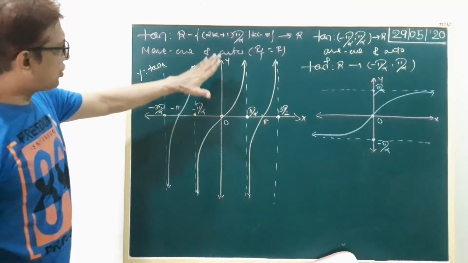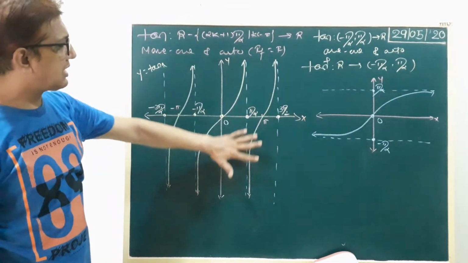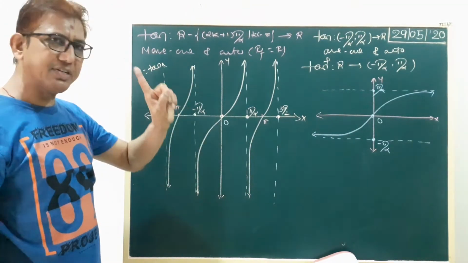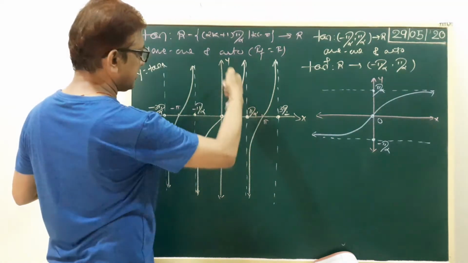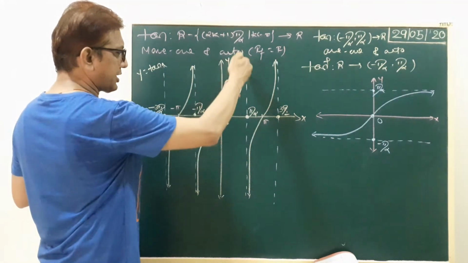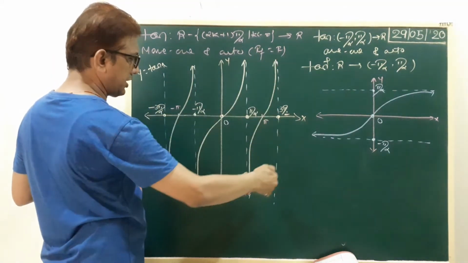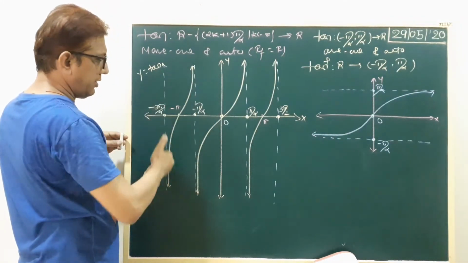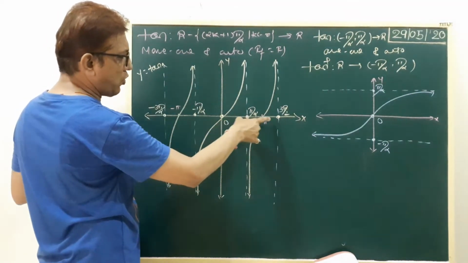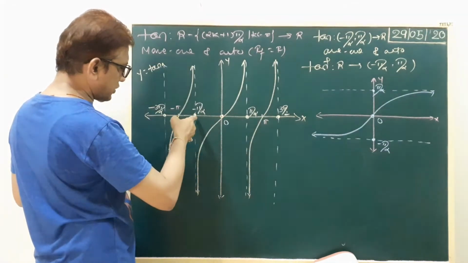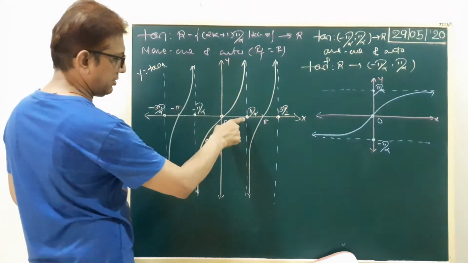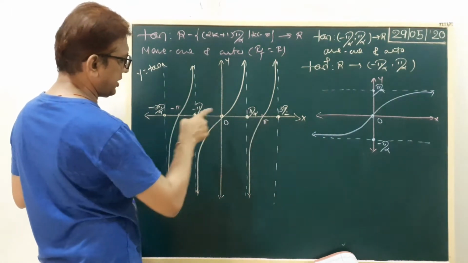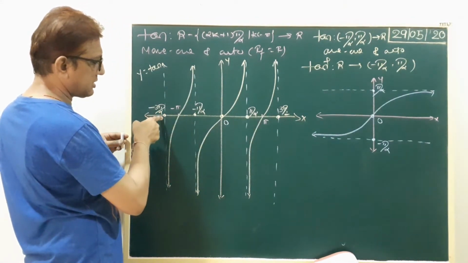So first we draw the tan graph. You have already done it in 11th science. Right? Okay. This is your x-axis and this is your y-axis. Here we draw dotted lines, that means at these points tan is not defined: pi by 2, 3 pi by 2, minus pi by 2 and minus 3 pi by 2.